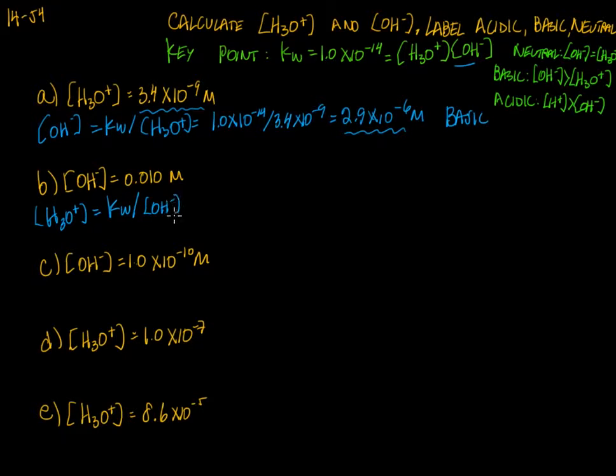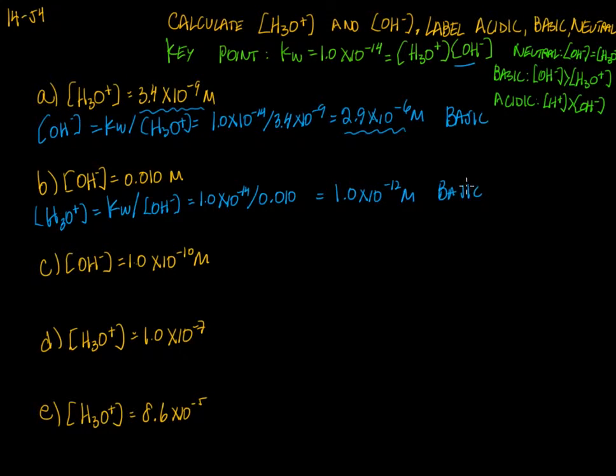Okay, and that's equal to 1.0 times 10 to the minus 14 divided by 0.010, and the number we get on our calculator needs to be expressed to 2 sig figs, so we get 1.0 times 10 to the minus 12 molar. Okay, so clearly the hydroxide concentration is greater, so we would call this basic as well.